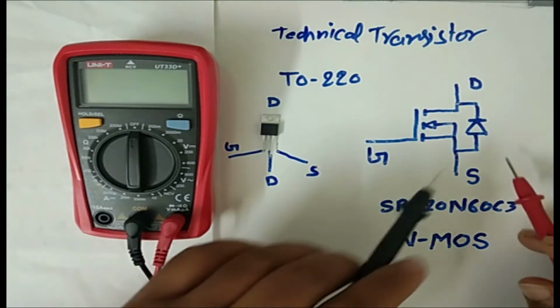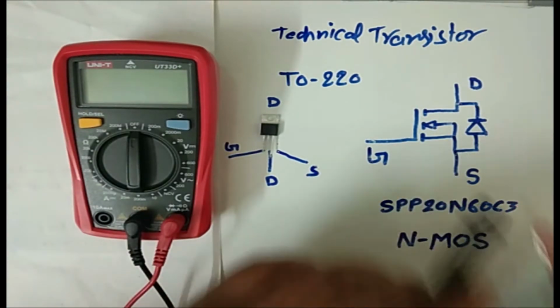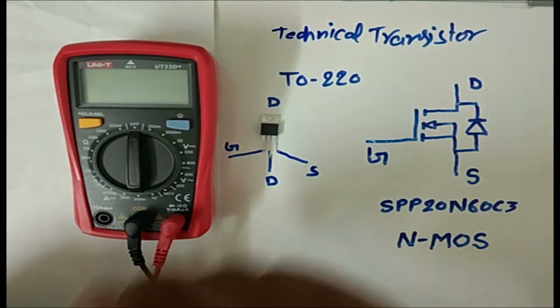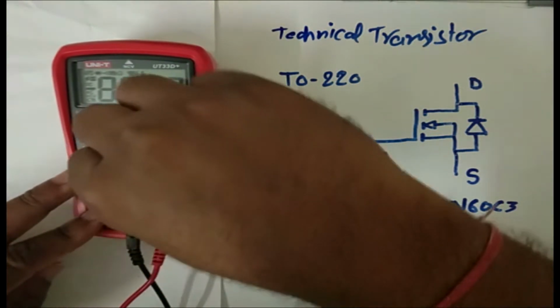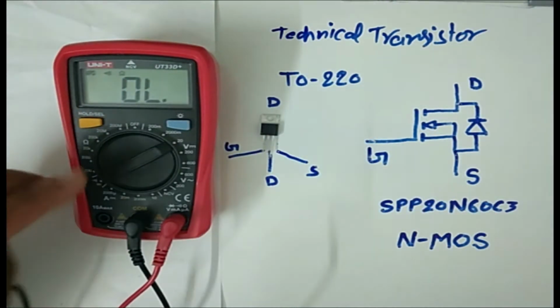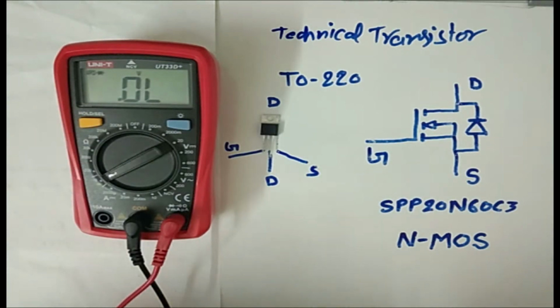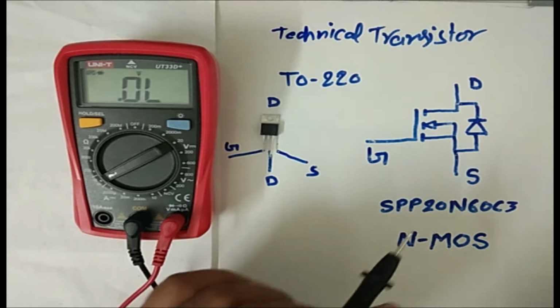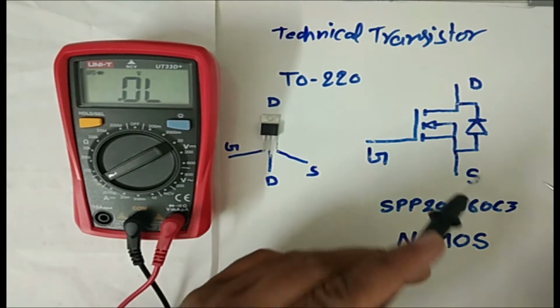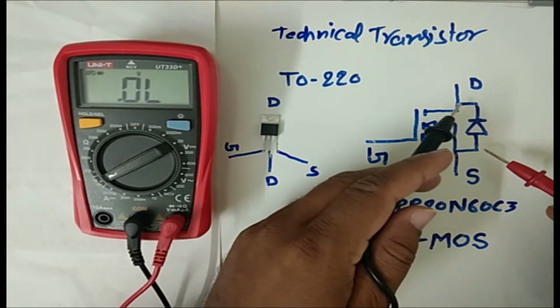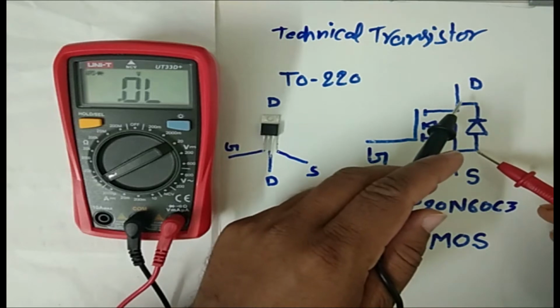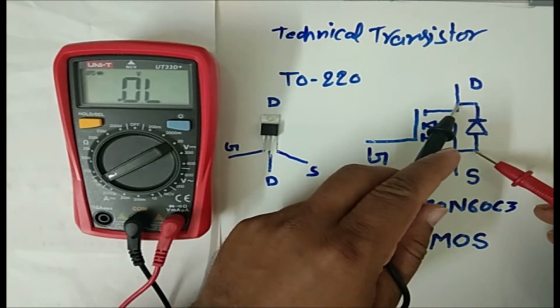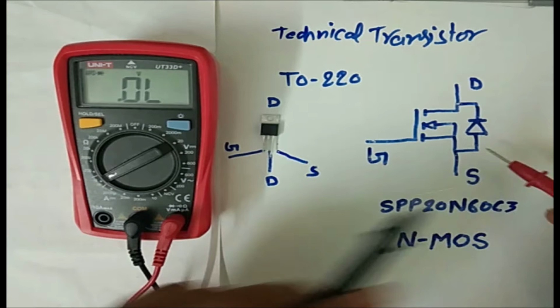It will show some diode rating. So now we set the multimeter at the diode range. You can see here, this is the diode symbol. And now we will put the leads on anode and cathode, drain and source here.